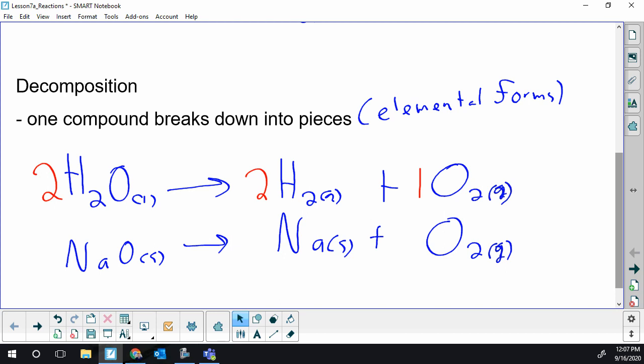Does anybody see what I've done wrong? Sodium oxide isn't the right formula unit. Yeah, I need 2 sodiums. I never balanced my sodium and my oxide. I didn't look at the charges. Sodium is 1 plus because it's in group 1, and oxygen in group 6 is 2 minus.